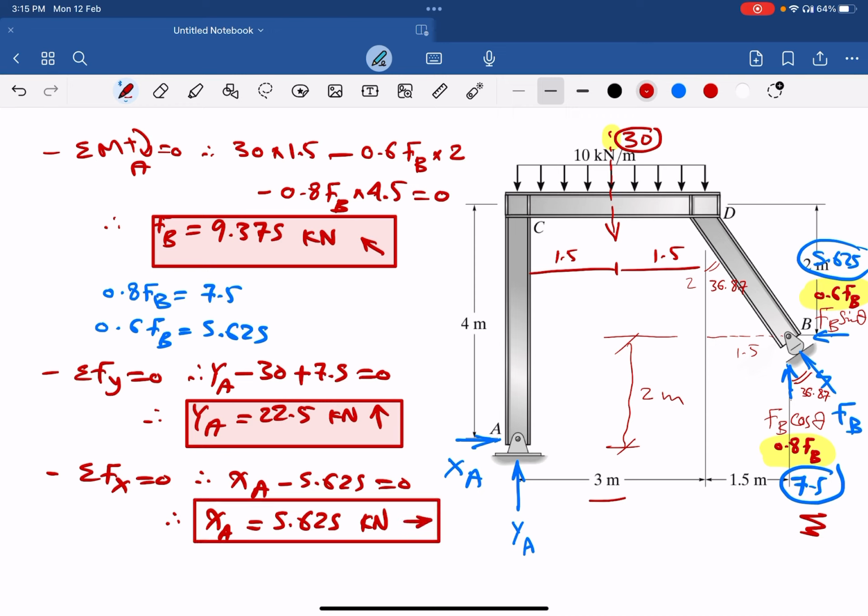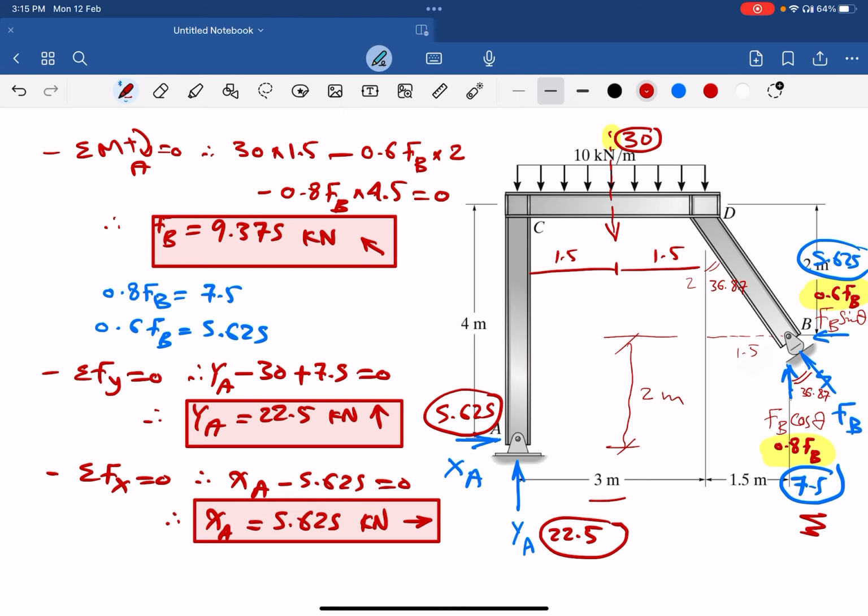So now we calculated all the forces. Let's write them here on the drawing. YA is 22.5, XA is 5.625, and then we have already the other two components.